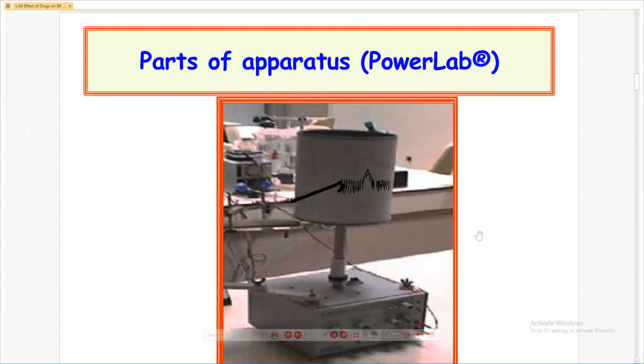These are the parts of the apparatus you can see. We can also say power lab. This is a physiograph. This physiograph will record the changes in the blood pressure after addition of the drug through the cannula.